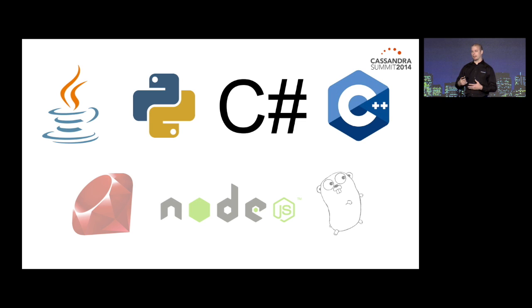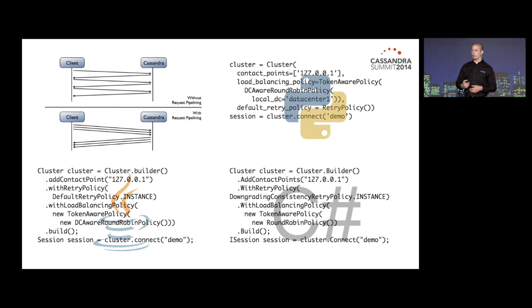Today, DataStax has 7 drivers in different stages of development. Now, if your favorite language isn't on this list, you're not out of luck. There are community drivers that you'll be able to use and take advantage of. But the DataStax drivers deliver the full power of Cassandra, and sometimes in some non-obvious ways.